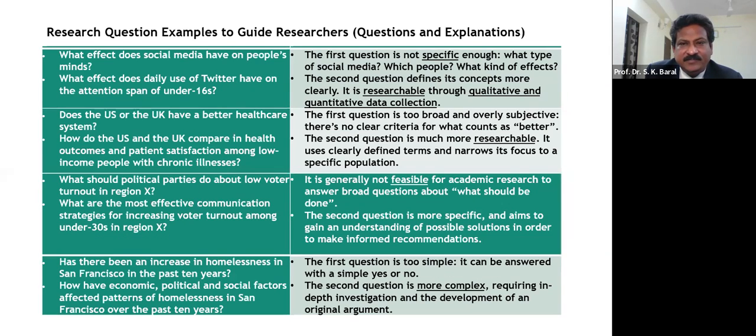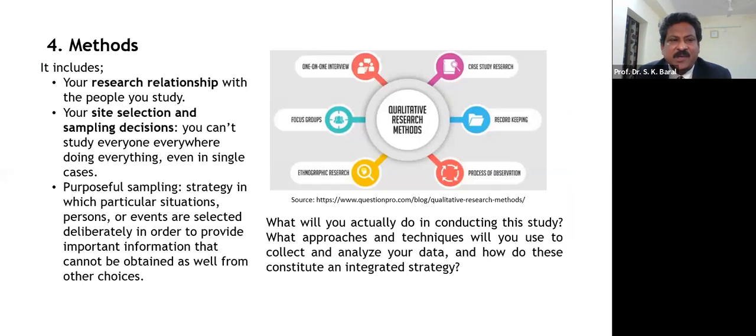And this is about different examples. The fourth is methods. We are discussing qualitative research, so your site selection and sample decisions should be made very carefully.